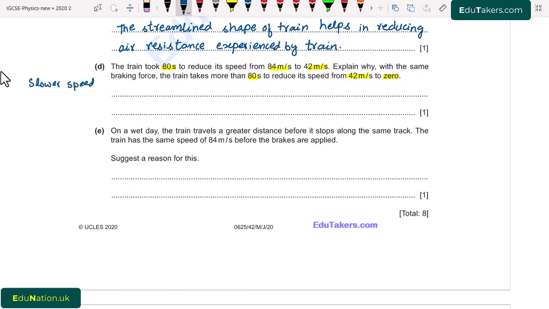means that air resistance is low. It is small, and this time when you are trying to reduce your speed, so the higher the air resistance, this causes easier for you to slow down.